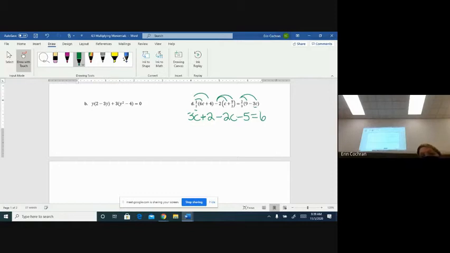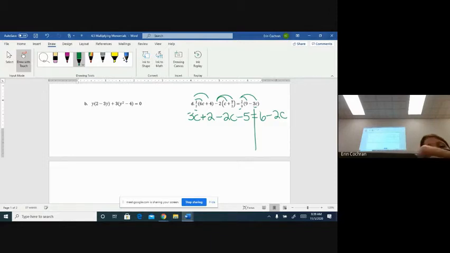Negative 6c, and negative 6 divided by 3? Negative 2c, good. So I think that's the easiest way to think of fractions. Multiply by the numerator, divide by the denominator.